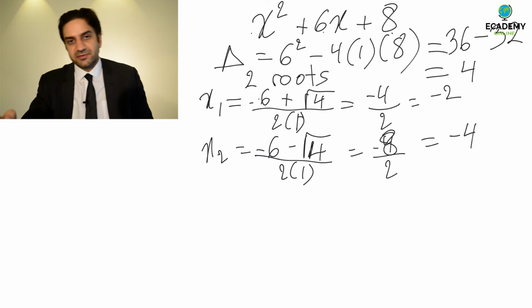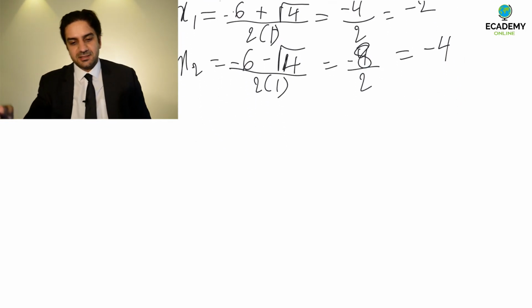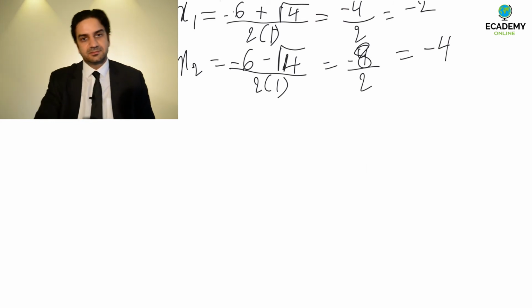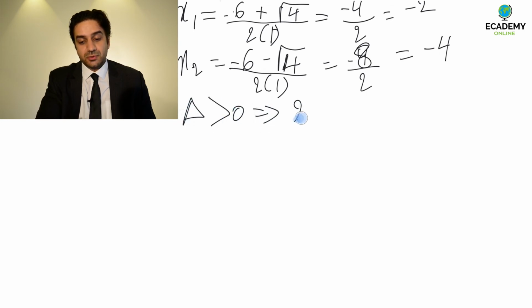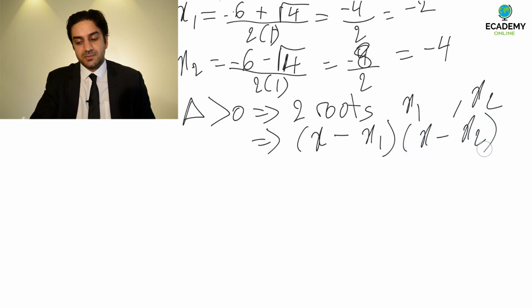Basically, from a factorization perspective, remember we had x1 and x2. If delta is positive, which means two distinct roots, x1 and x2, this means my function can be rewritten as factors such that x minus x1, x minus x2.